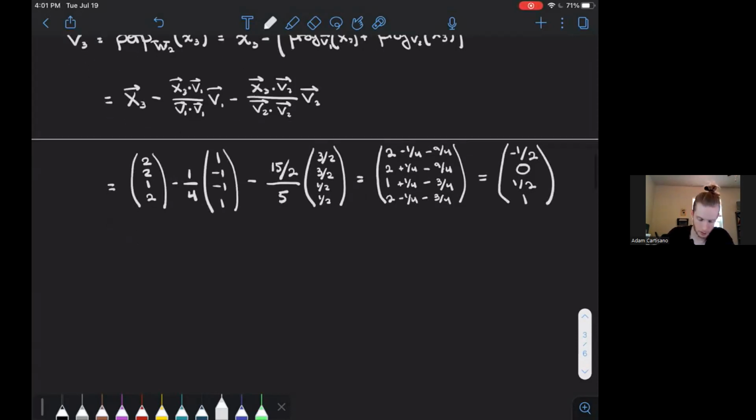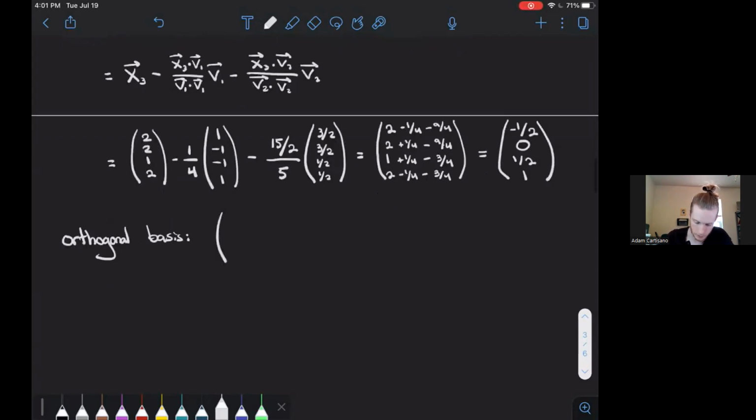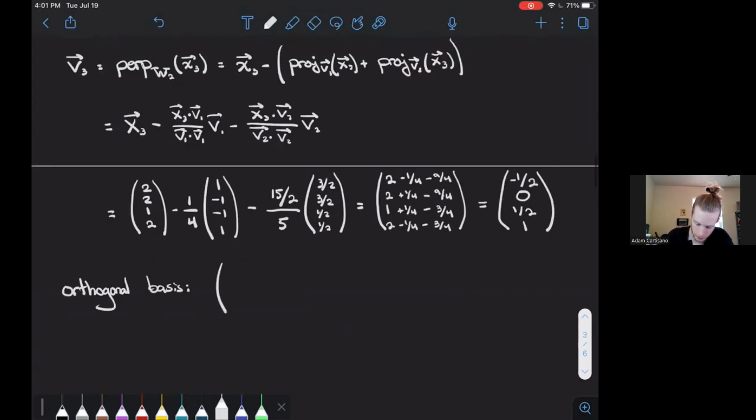So our first pass, orthogonal basis. We've got, well, of course, 1, negative 1, negative 1, 1.